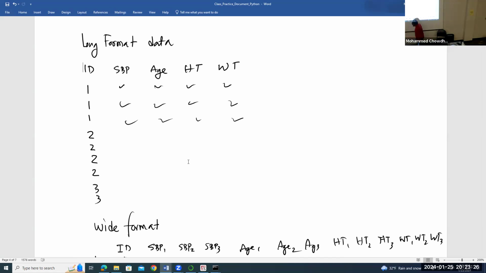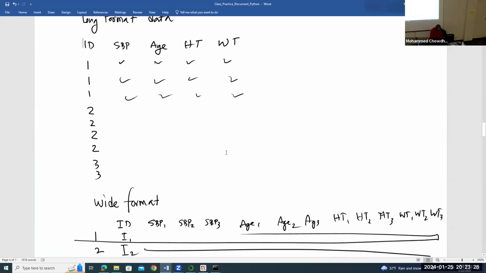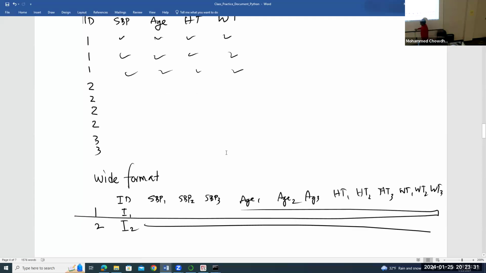Now I want to take just this person, the first person: his ID, and then SBP1, SBP2, SBP3, then age1, age2, age3, then height 1, height 2, height 3. Or first SBP1, age1, height 1, weight 1, and then SBP2, age 2, height 2, weight 2, and SBP3, age 3, height 3, weight 3. Data is in this format, and I want to convert it to wide format.